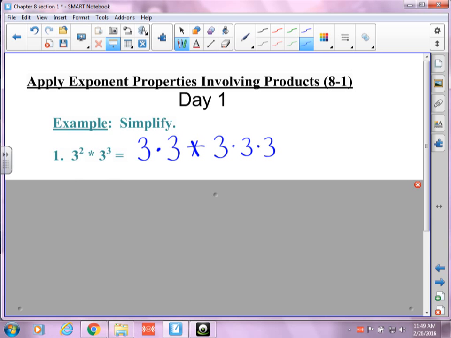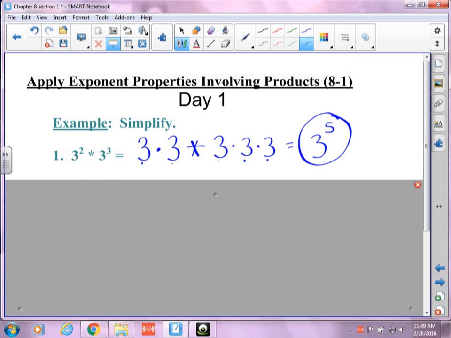The 2 is the exponent, and the 3 is the base. Now, if I brought this together, how many 3s are there? There's 5: 1, 2, 3, 4, 5, and there's multiplication amongst all of them. So it's 3 to the 5th.